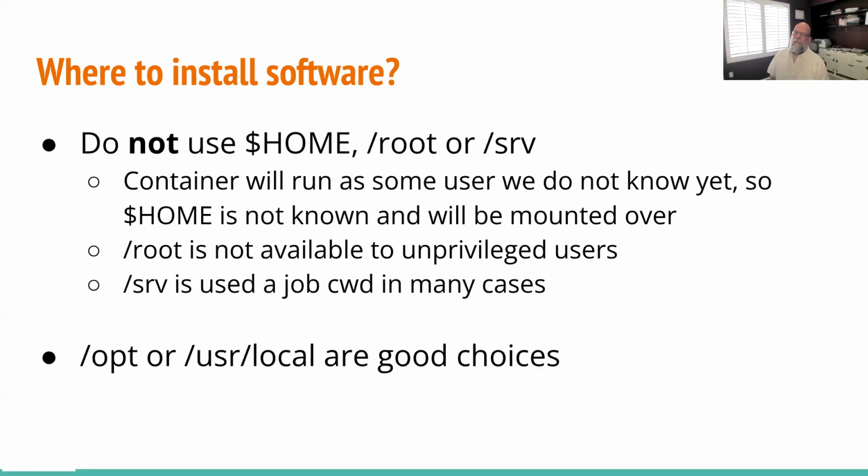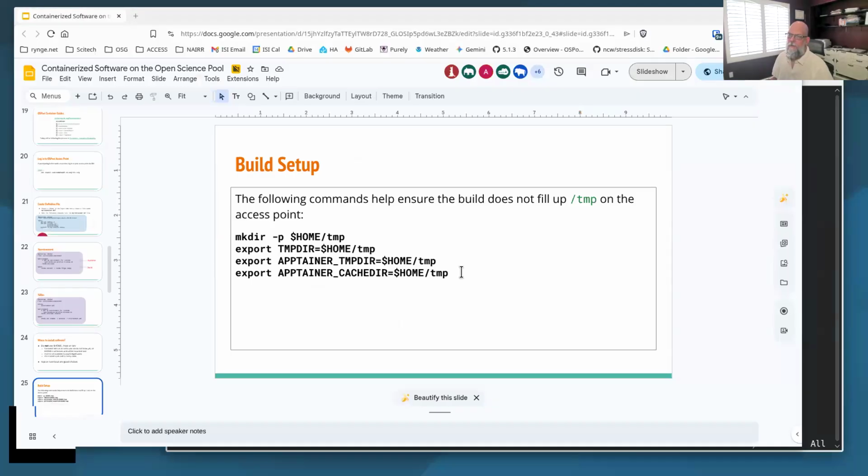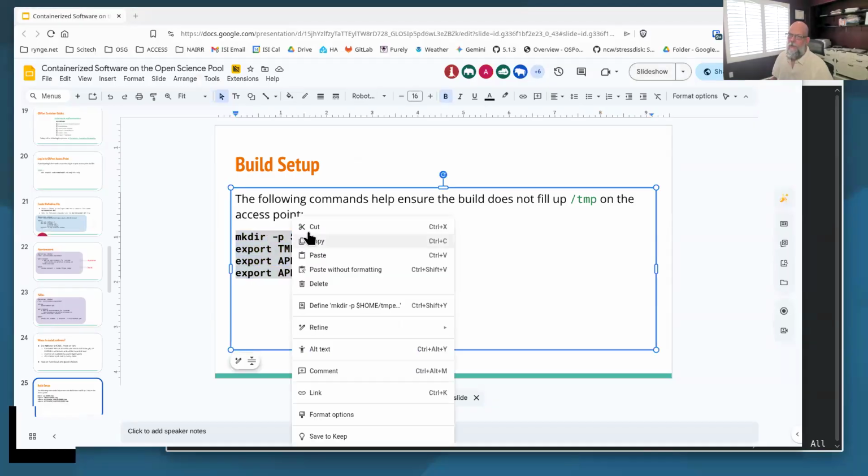All right. So another thing that we have to be a little bit careful about is that these containers, especially during build time, use some disk space. And when we all do this on the same machine, sometimes there's not enough space in slash tmp, for example. So what we wanted to do is use these commands. Oops, and I'm going to paste them in chat as well.